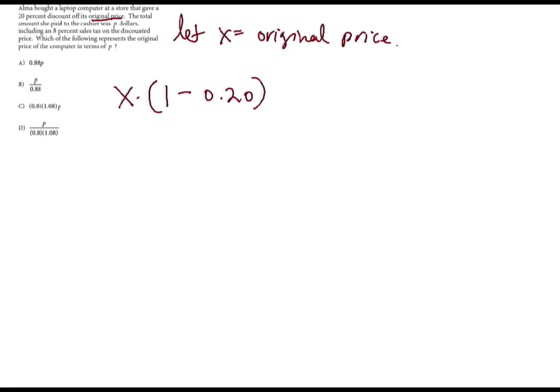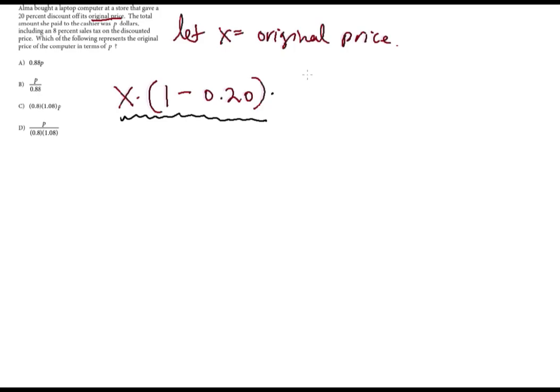And then the total amount she paid to the cashier was P dollars, including an 8% sales tax on the discounted price. So on top of this, we're going to pay an 8% sales tax. So that's a markup, right? You pay more for it. But that's 8% of this discounted price.